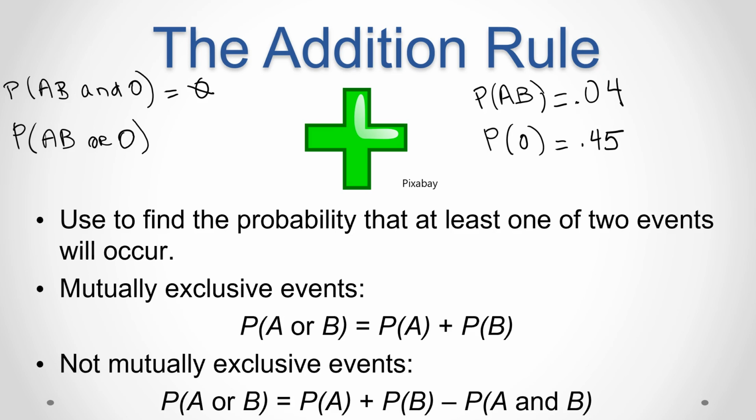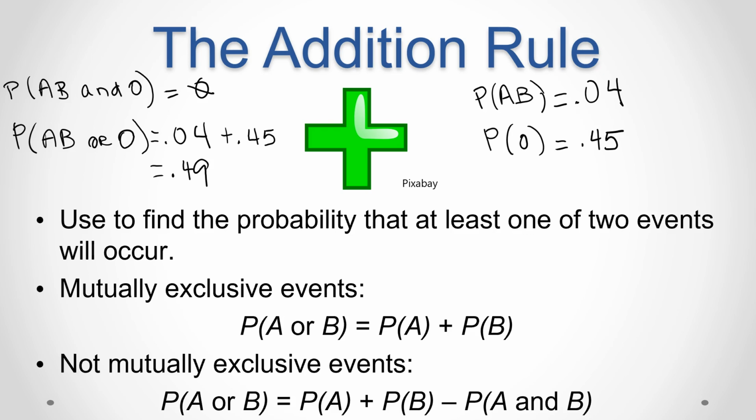So we take our probability that someone has AB blood type, which is 0.04, plus the probability that someone has an O blood type, which is 0.45. Add them together and we get a probability of 0.49.